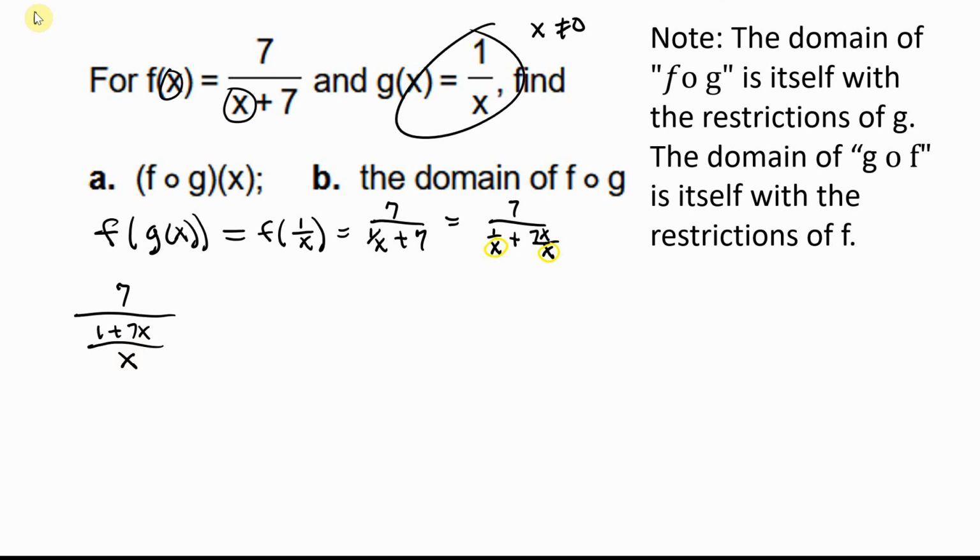And then if I have a complex fraction, you remember that if you have a over b divided by c, this is understood to be a over b, divided by c, and this is a times the reciprocal. So this is a divided by b over c, so this is a times c all over b.